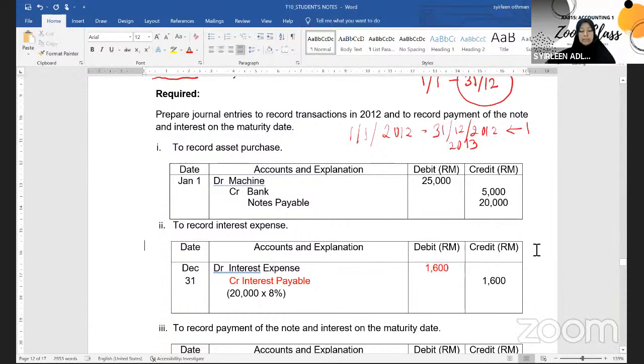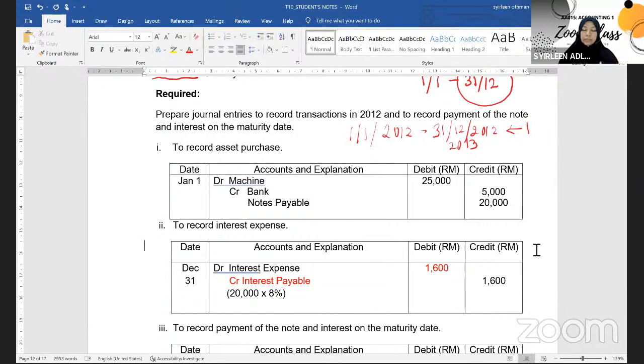1,600. Okay, this is actually to record the interest expense for 2012. So this is just for one particular liability. That is your notes payable. Right, and you need to bear in mind apa-apa saja liability, normally they come together with the interest expense. So dalam your interest expense ni nanti, you have a lot of other transaction going on as well.